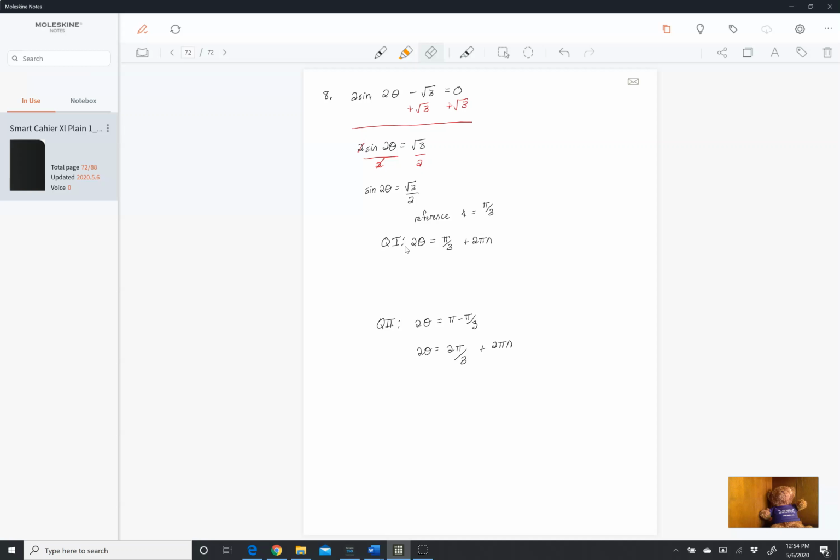Okay, so how do we solve? We get rid of the 2 by multiplying everything by 1/2, or dividing everything by 2. It's the same thing. Because we're not trying to find 2 theta, we're trying to find theta. So we distribute to everything.